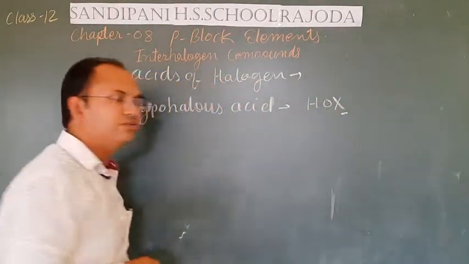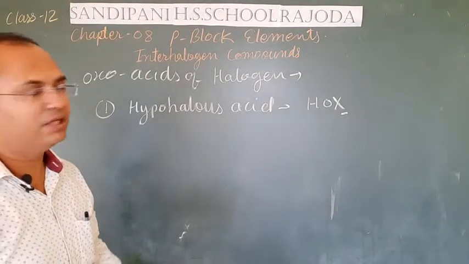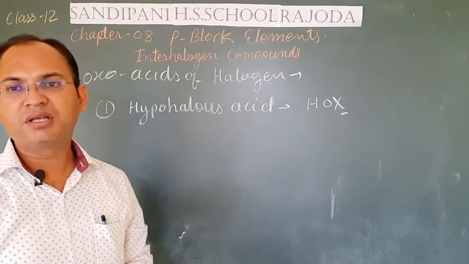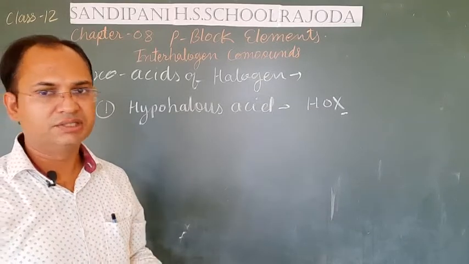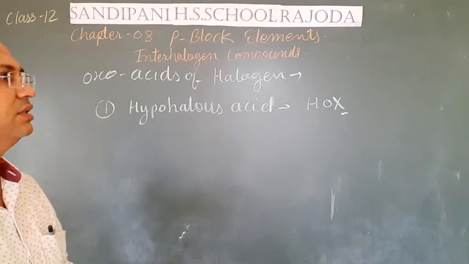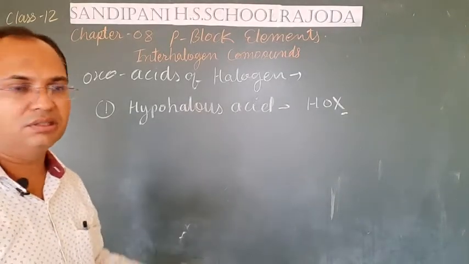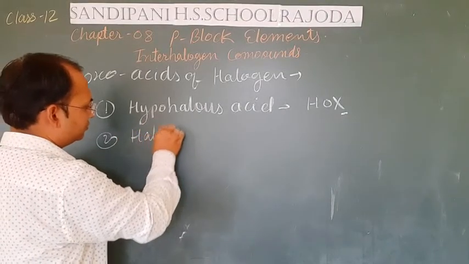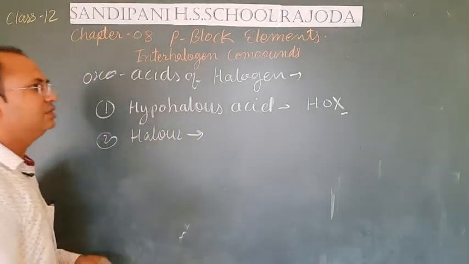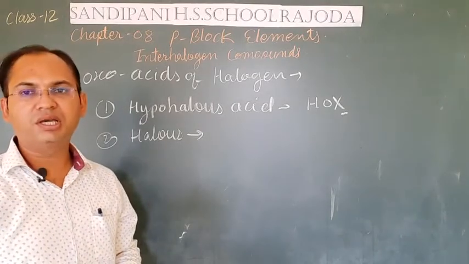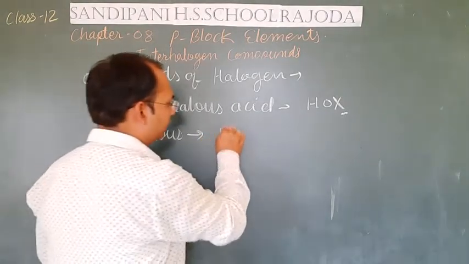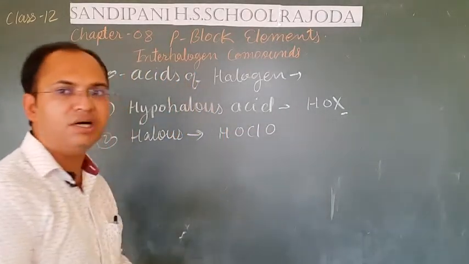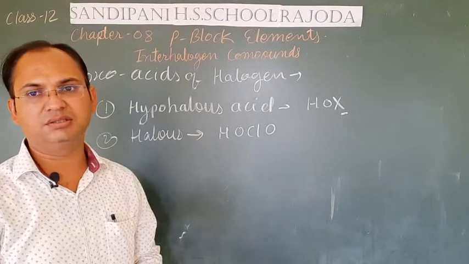Here X stands for the halogen. It is a very weak acid, or we can say the weakest of the oxo acids of the halogen. Second is halous acid, or HOClO. This is somewhat stronger than hypohalous acid.